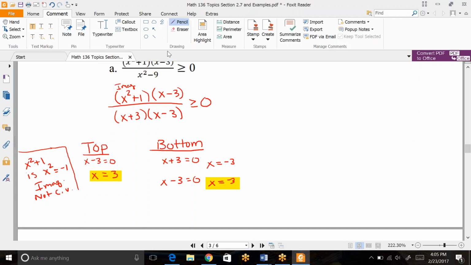If you plugged in 3 into this problem, you would get 0 over 0, which we don't even know how to handle yet. And it's undefined for us because of the 0 in the bottom. So when you're doing this type, notice we said that the top always obeys the greater than or equal to 0. It obeys this piece. But the bottom is always open.